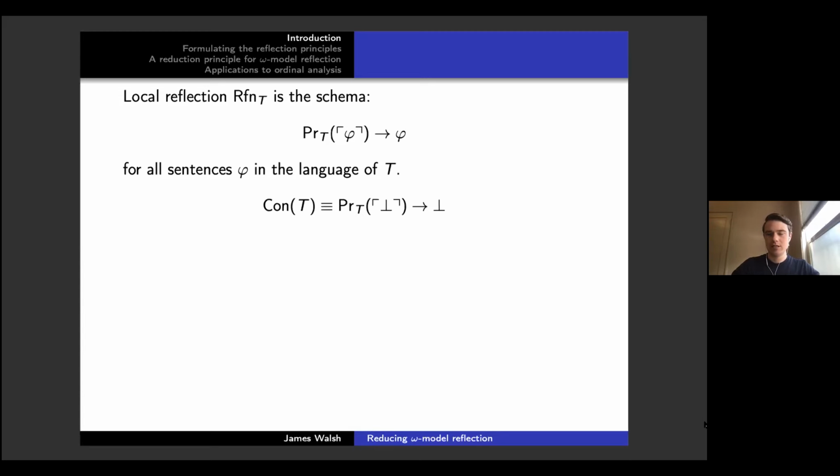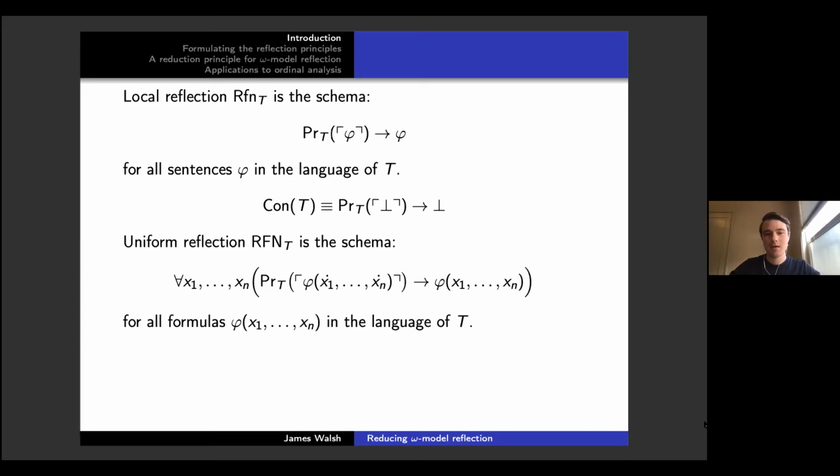So if you take a theory T and you add its local reflection principles, you'll get something stronger, but maybe not much stronger. You can get something a lot stronger by resorting to the uniform reflection principle. Uniform reflection, capital RFN sub T, is the schema you get where you allow parameters in the formula.